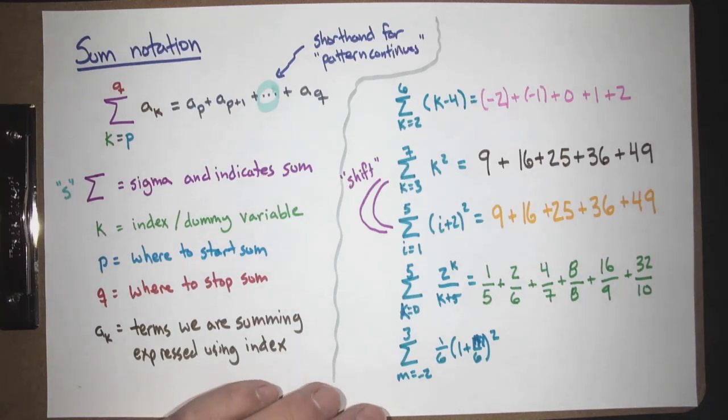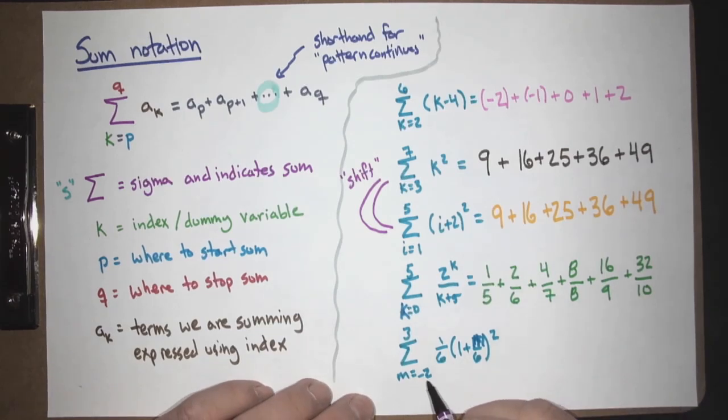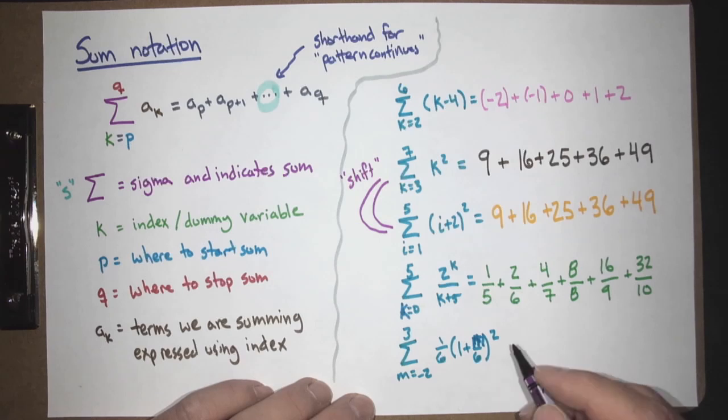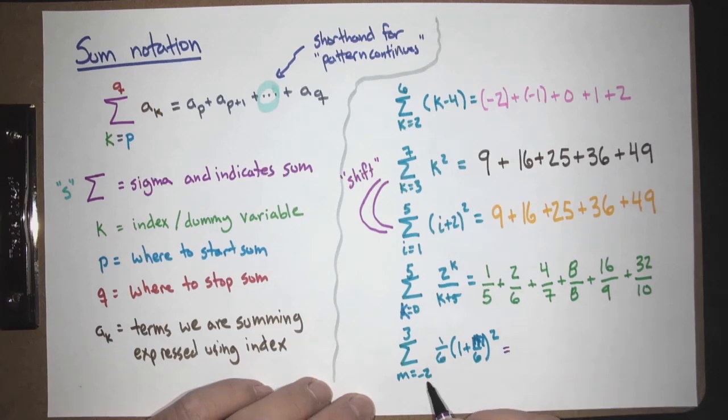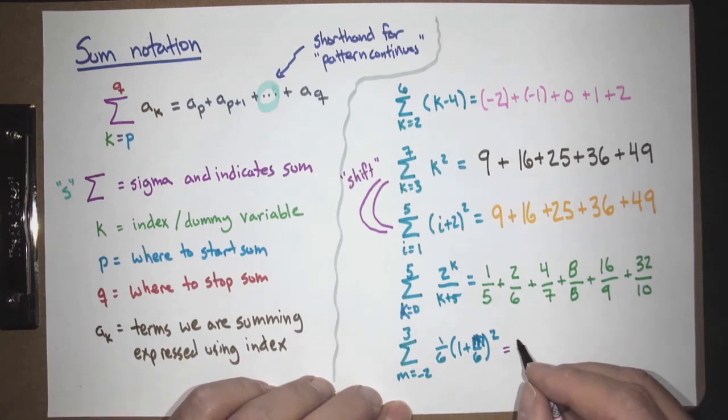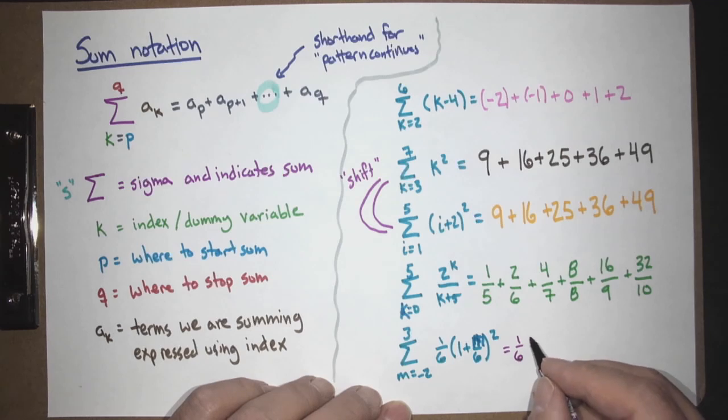Okay, our last one here. m goes from negative 2 to positive 3, 1/6 times (1 plus m over 6) squared. So you just plug it in. And here, we won't worry too much about simplifying.